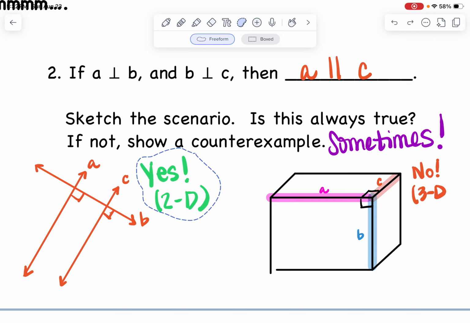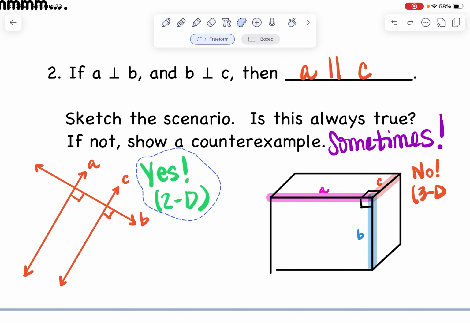Okay. Just for funsies, if I went over here and analyzed number 1, the one on the left, if I made a 3D rendition of that one over there, I didn't want to talk about it yet. But if I did the exact same thing on this side, if I found a line M that was parallel to line N, okay, so let me pick a different color. There we go.